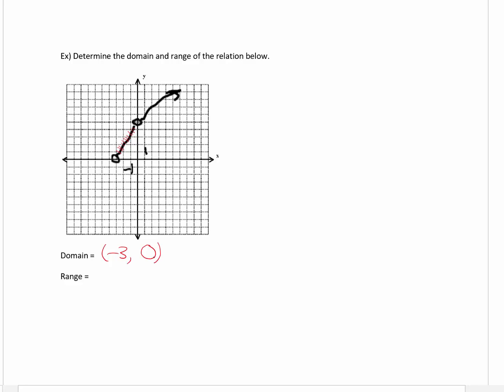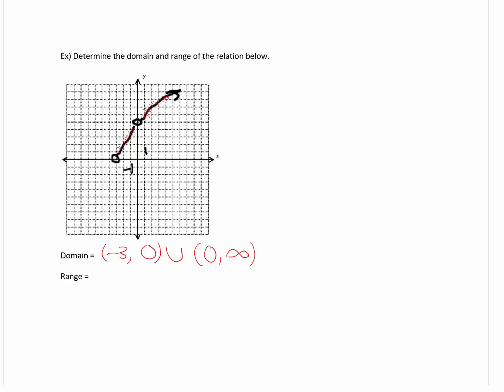The problem is I'm not done with the domain because I still have domain values over here. So after I go past 0, I can continue to go on forever, and that's infinity. So I can either be in this or in this, so I need to put the union symbol, or the "or" statement, in between them. And that's my domain.